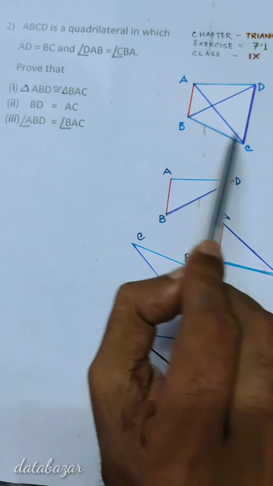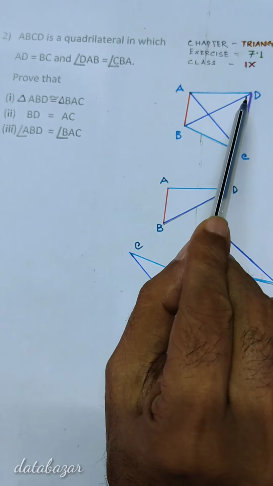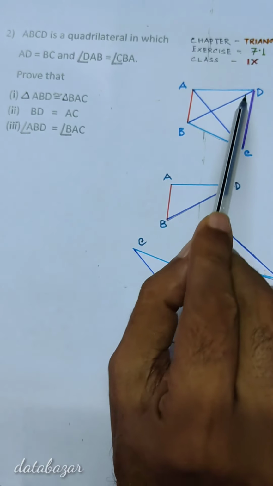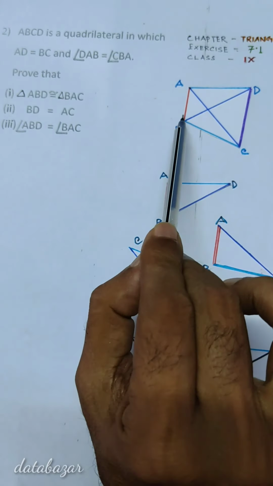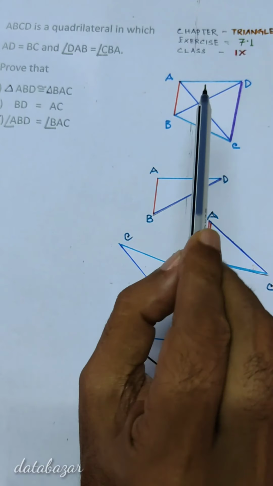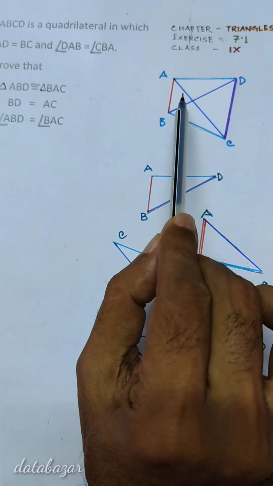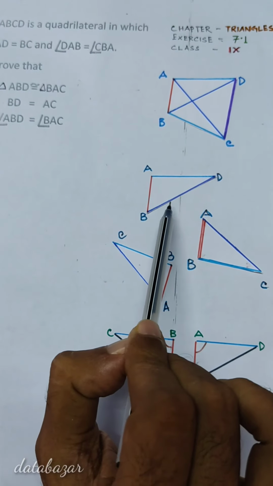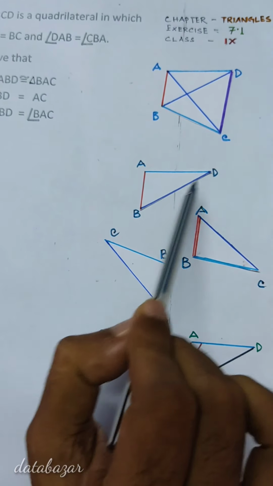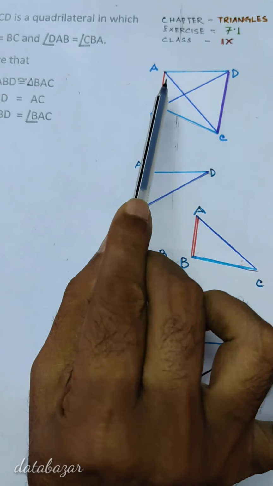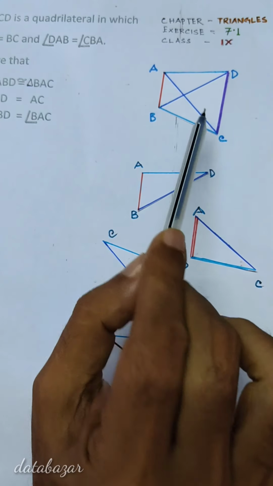Here ABCD is a quadrilateral in which AD is equal to BC, angle DAB is equal to angle CBA. I have cut triangle ABD from the quadrilateral. This is the triangle ABD, and this is triangle BAC from the quadrilateral.